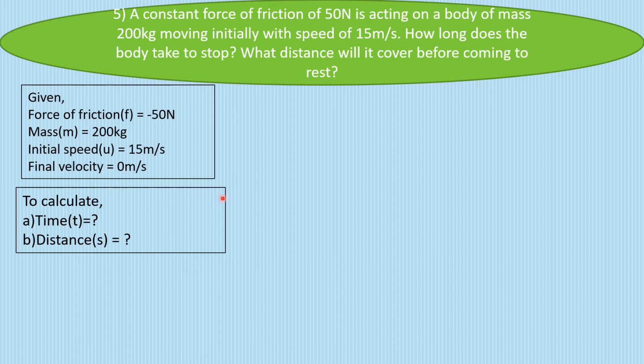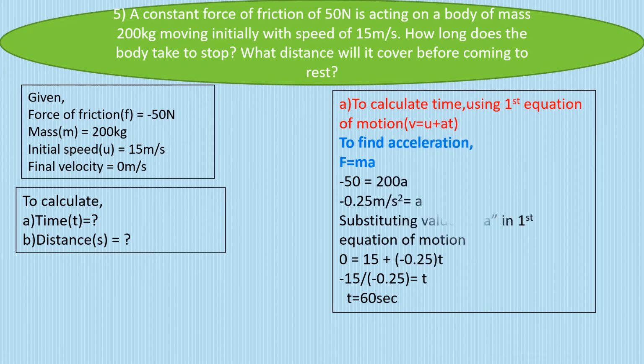Because in a hurry we tend to forget to do the second part of the question. So it's always better to write it this way. We have to find time and one more thing to be calculated, so there is a very low probability that you'll forget to calculate the distance.